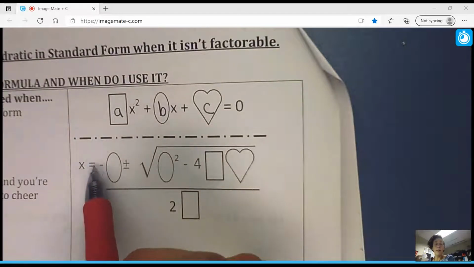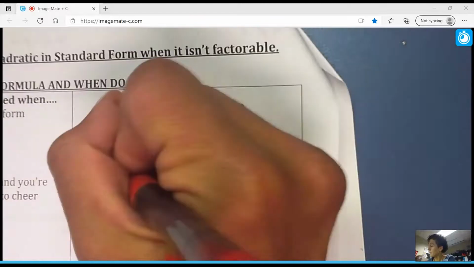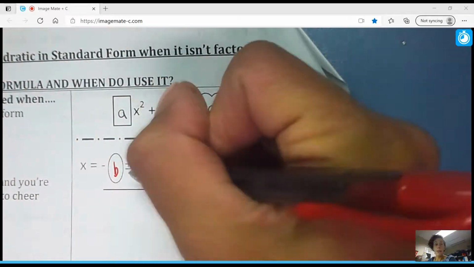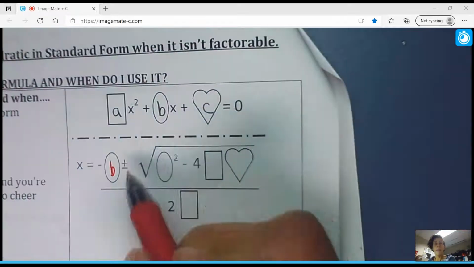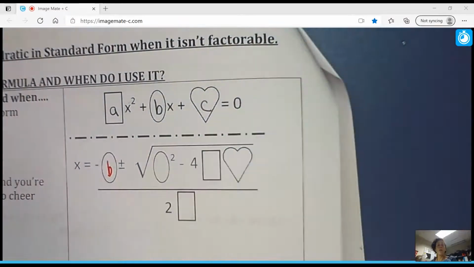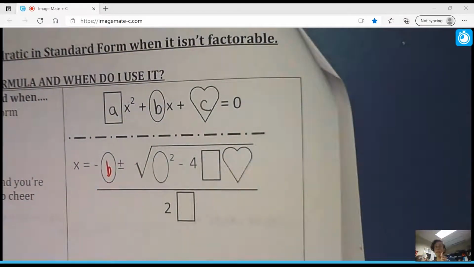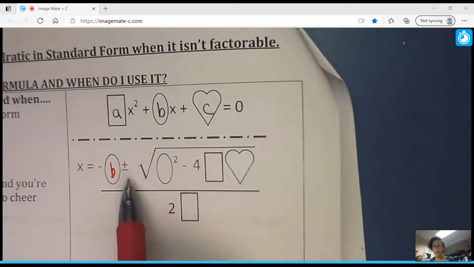So it goes x equals opposite, looks like a negative sign, of b, and then plus or minus, and then a square root. If you remember, there was a time in a previous assignment where I didn't want you to write positive 5 and negative 5. I wanted you to write a positive, negative, and then 5. That's where this comes into place.